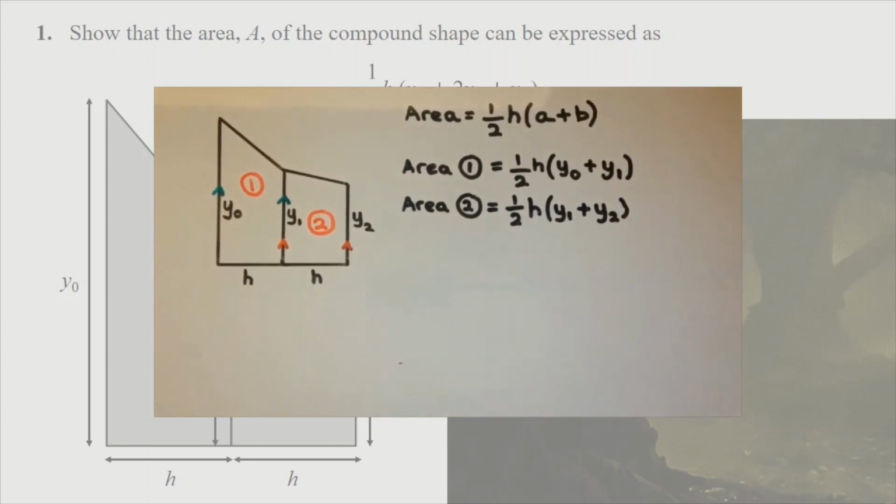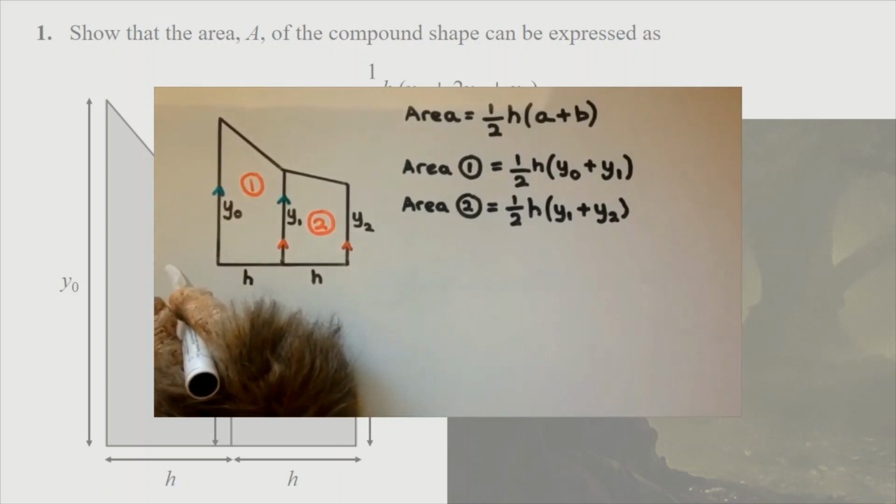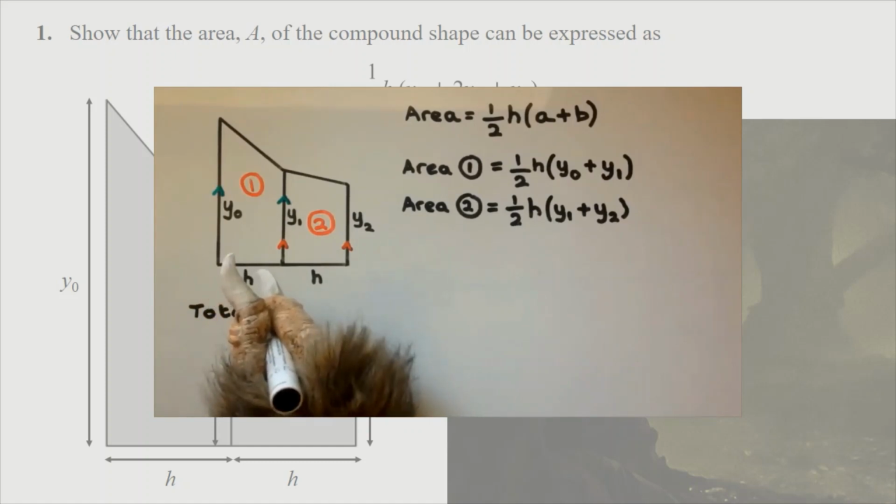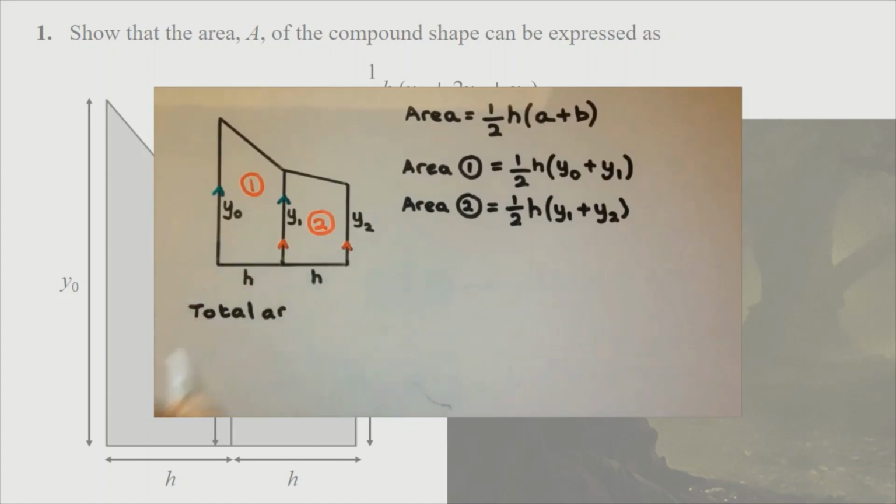Great. Now we're asked to find the area in a particular form. I've clearly got to add these two areas together, so let's make that distinction. The total area, and the question tells us this is called A, so I've got a name for it.